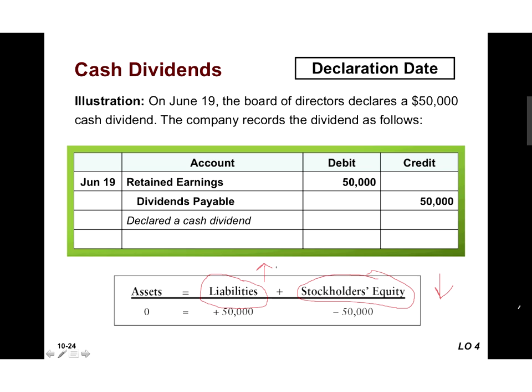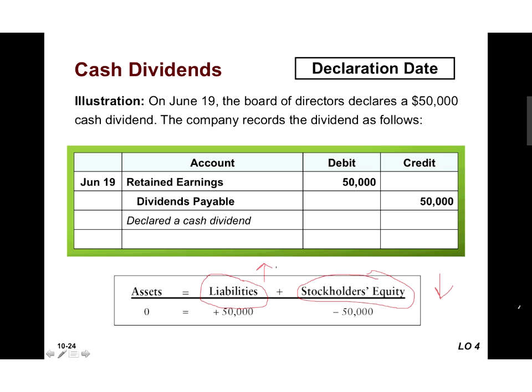Okay, so we have the declaration date. There are 2 important dates from an accounting standpoint. This is one of them, the declaration date. On the declaration date, we're reducing retained earnings and increasing dividends payable, or liabilities. Okay, so the next date that matters here is the payment date.